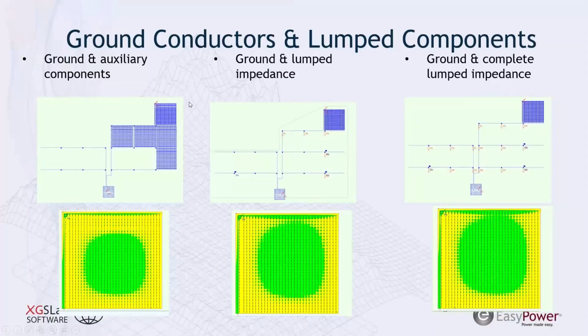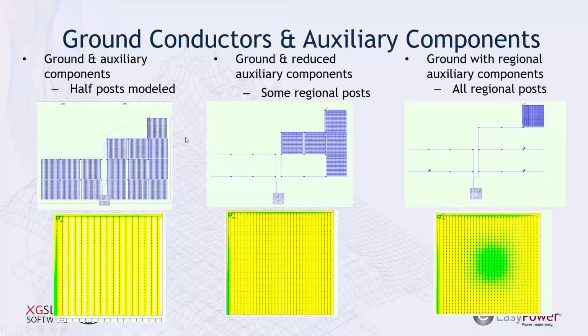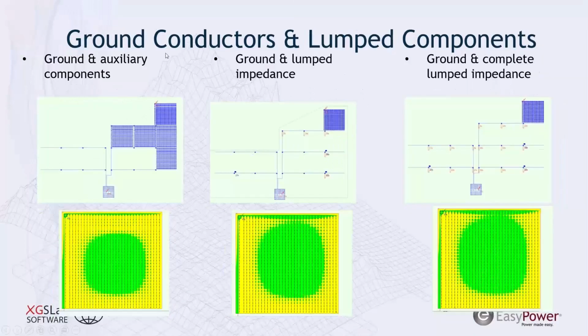And there are little tricks in order to consider these other portions. So just looking at this model to this model, we still have high detail in the region that we're looking at in this top right corner, but we might model some of the auxiliary components that we are affected by in the closer area.